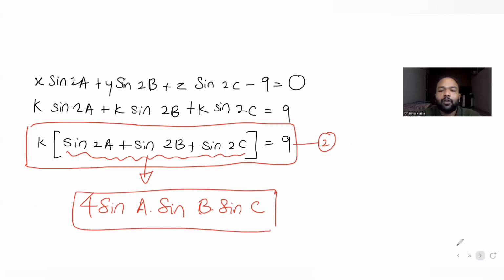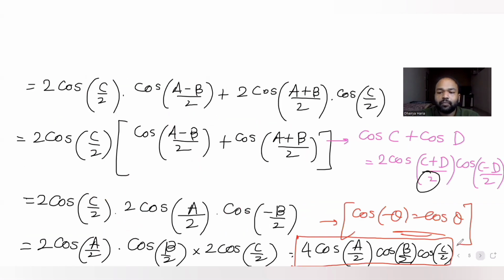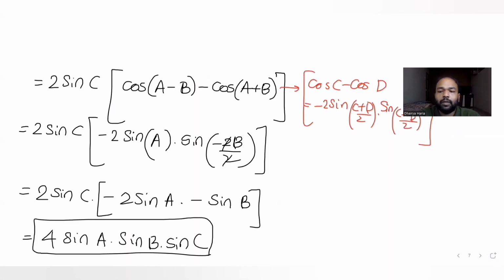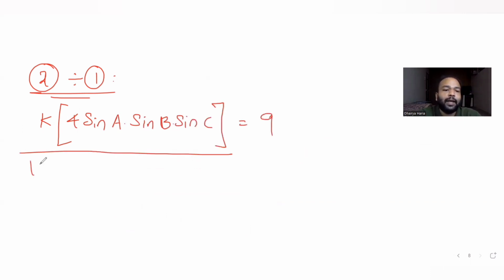Now if I divide equation 2 by 1, let's see what I get. I had equation 2, let's divide it by 1. So I had k for sine A, sine B, sine C. It's equal to 9 divided by k. Here you had 4.